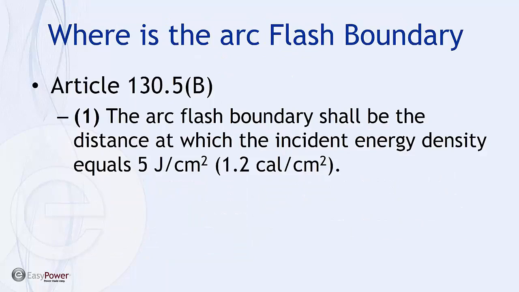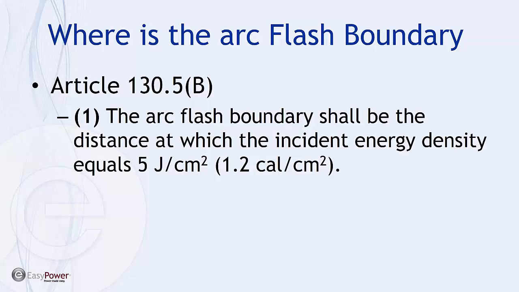So where is the arc flash boundary? Again, both in the definition and in Article 130.5(B), NFPA 70E specifies the arc flash boundary shall be the distance at which the incident energy density equals 5 joules per centimeter squared or 1.5 calories per centimeter squared.